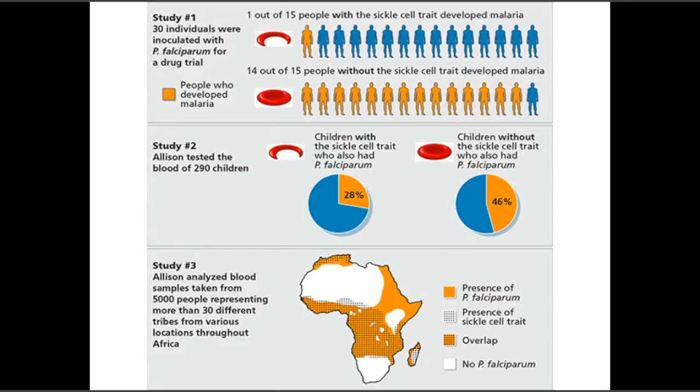But if the S allele was in an environment in which the possibility of a malarial infection was low, then the S allele would no longer have its survival advantage and now would be considered a disadvantageous trait in the population.